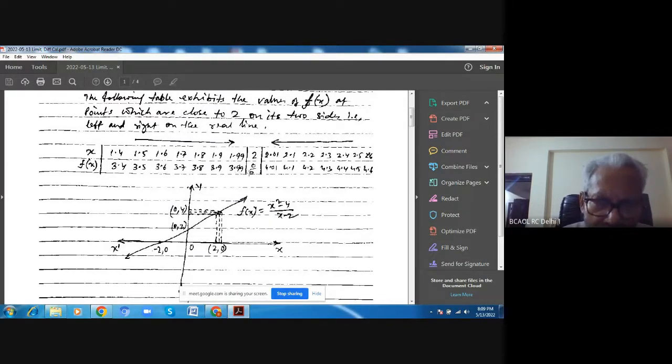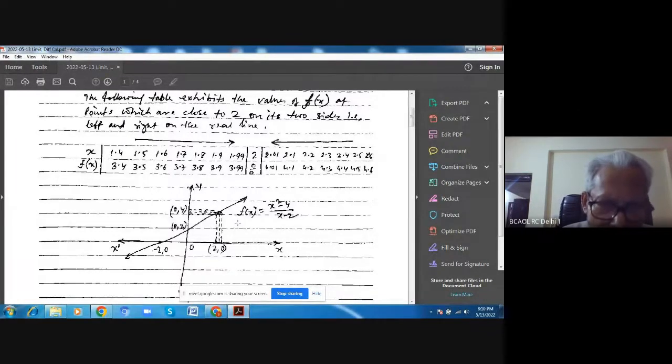So 4 is ultimately the aim. We can draw the line where the intersecting point is, the function line basically, the function of x is equal to (x² - 4)/(x - 2). These things we can plot in this way.